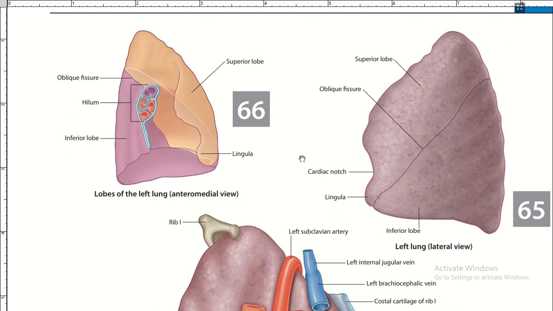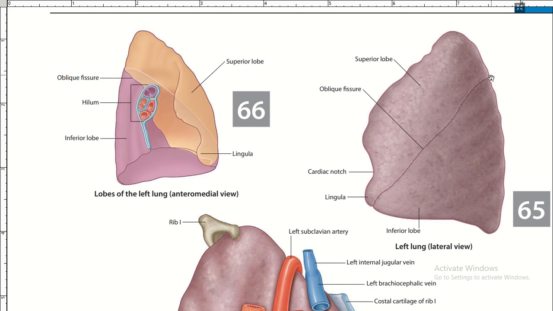Let's go to the left lung. The left lung is going to have two lobes, this one and this one, and it is separated by the oblique fissure. So this is your oblique fissure.